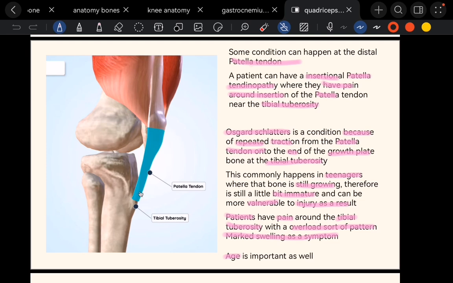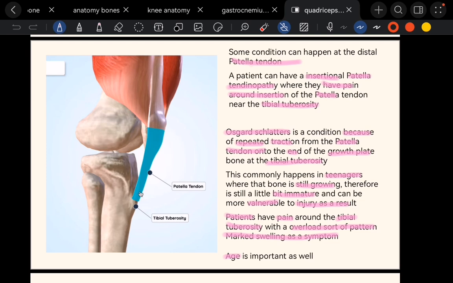Now, there's also another condition known as Osgood-Schlatter. Osgood-Schlatter is basically a condition due to repetitive movement of the patellar tendon, which causes inflammation of the growth plate at the tibial tuberosity.